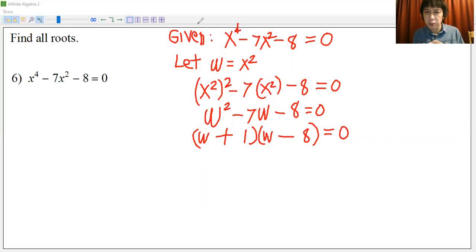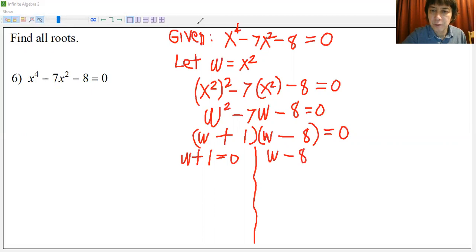The combination when added gives a negative 7w for the middle term. You can just review your factoring of a quadratic expression. At this point, we shall equate each factor to 0 and solve for w.